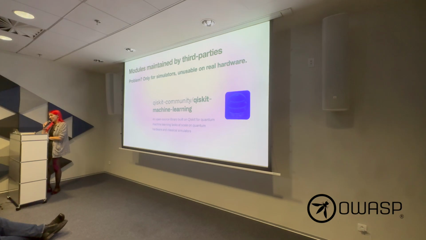I figured out that just taking whatever I have and trying to use it in another module, which is responsible for the transpilation, I cannot use these modules together because the Qiskit machine learning library just can't work with it.